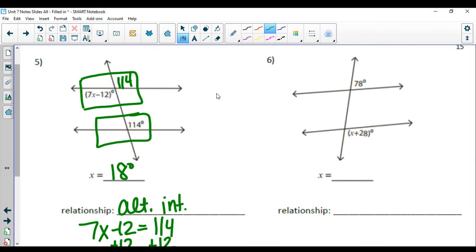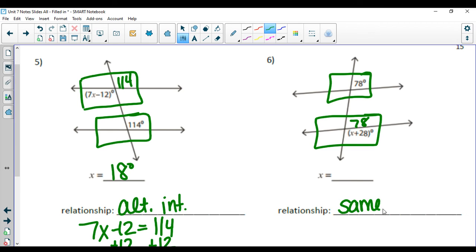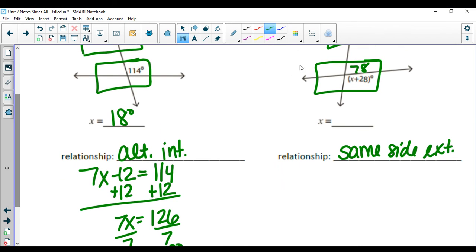And example number 6 here, I'm going to go ahead, clump, slide my 78 down. Noticing before the relationship, these were same side exterior. And the new relationship now, once I slid them down, just looking at this bottom part of my picture, is that they are a linear pair.